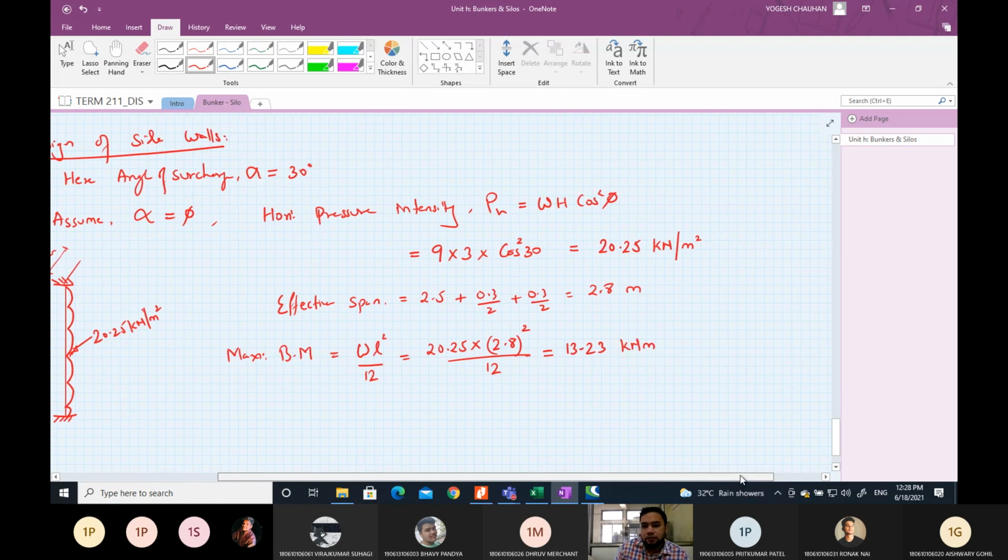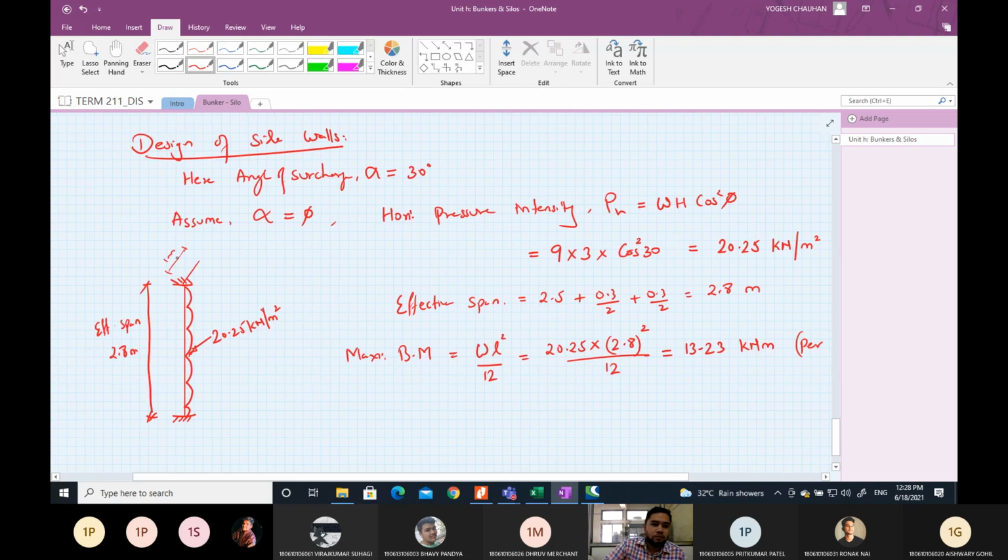This is for 1 meter width, per meter width of sidewall. Okay, we are taking this as 1 meter width. So you have the bending moment.